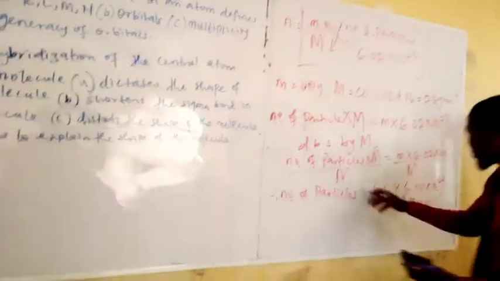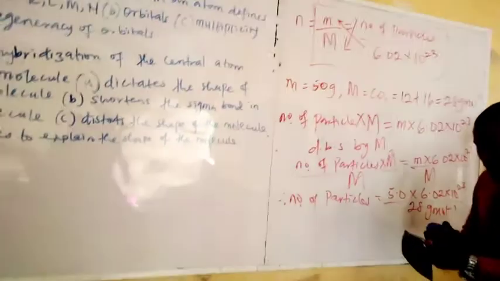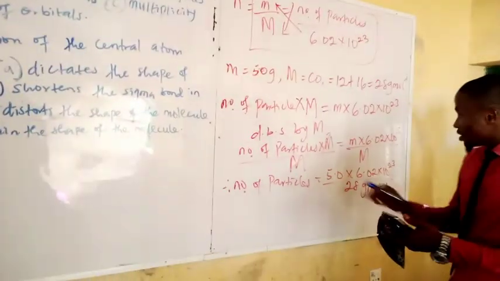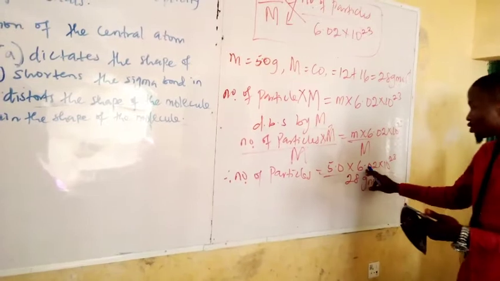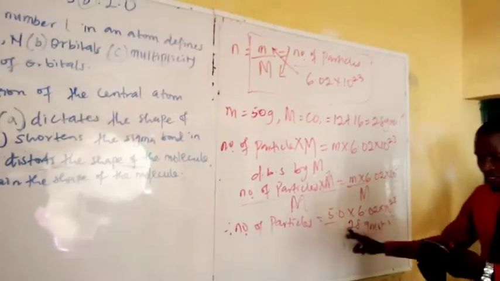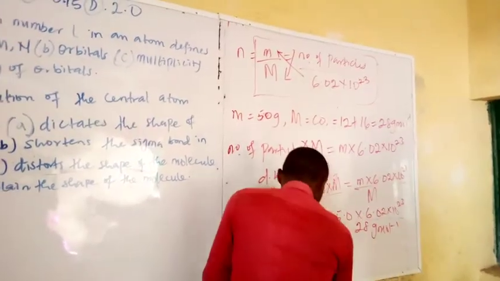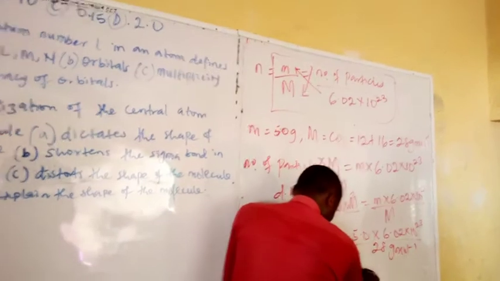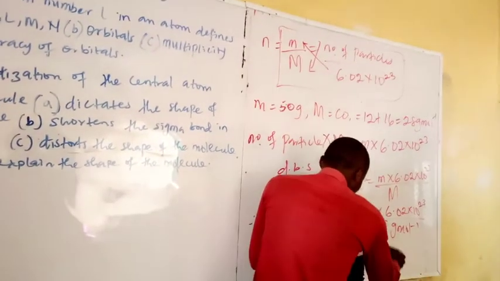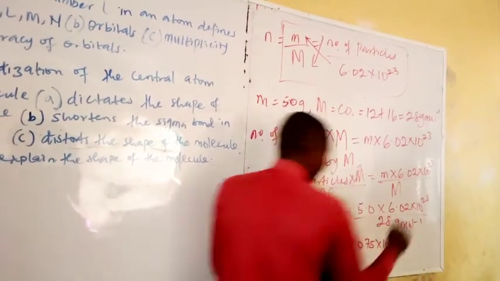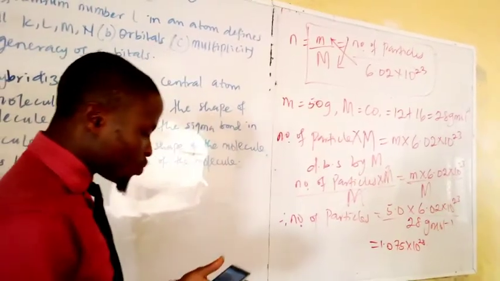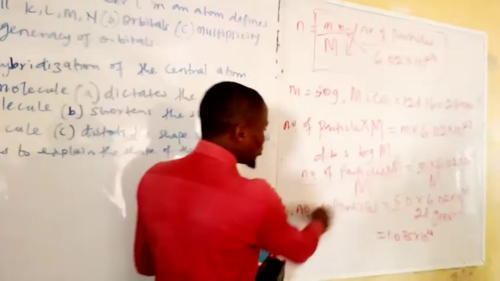Which means we are going to get this calculation done. If you press it, that will be 5.0 times 6.02 times 10 raised to the power 23 all over 28. That gives us 1.075 times 10 raised to the power 23. Remember, number of particles.